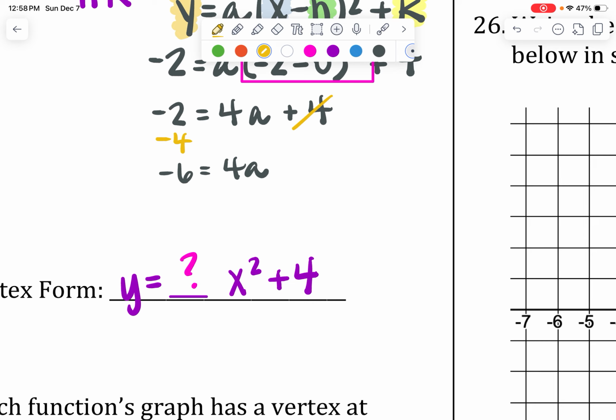And then we're going to divide by 4 to get rid of that multiplier on the a. And I'm kind of running out of room. So a equals, let me erase this question mark, negative 6/4, which of course can be reduced to negative 3/2. And that is the number that goes here in our function. Voila.